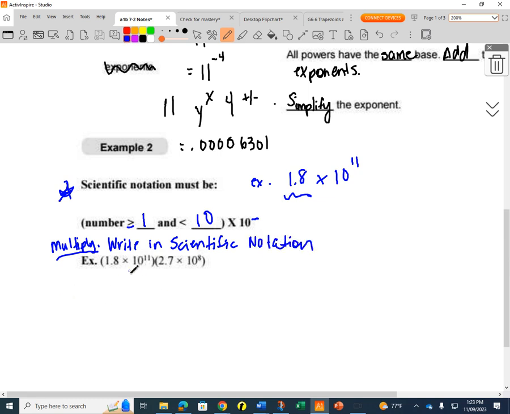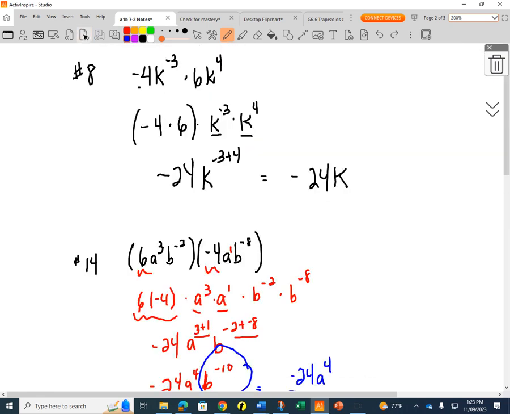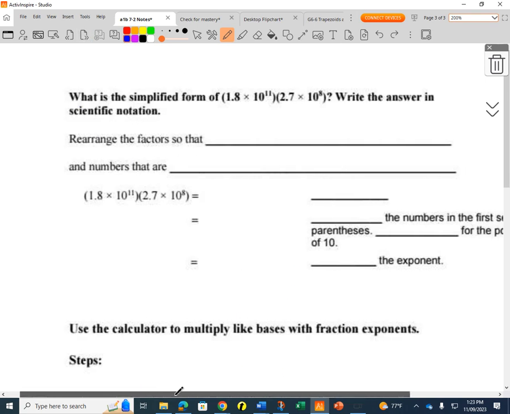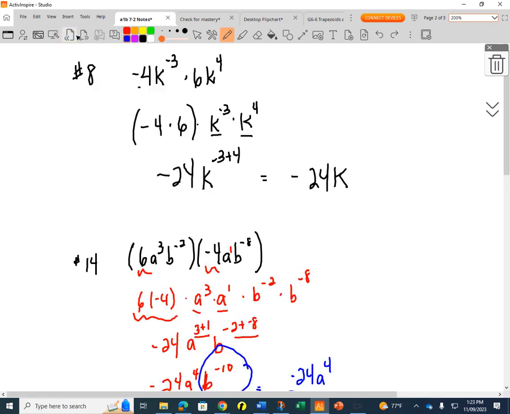So when we do these problems, I thought I had an example of this, but let me see. We actually have one right here. So this is the problem. You guys have this on your notes? Okay, so flip your side over. I must have duplicated that.